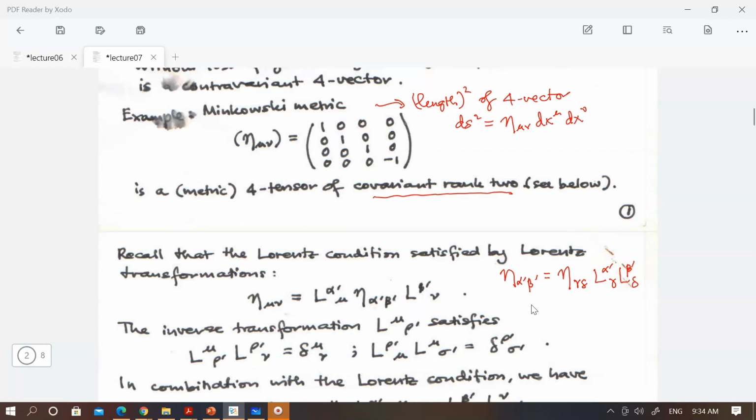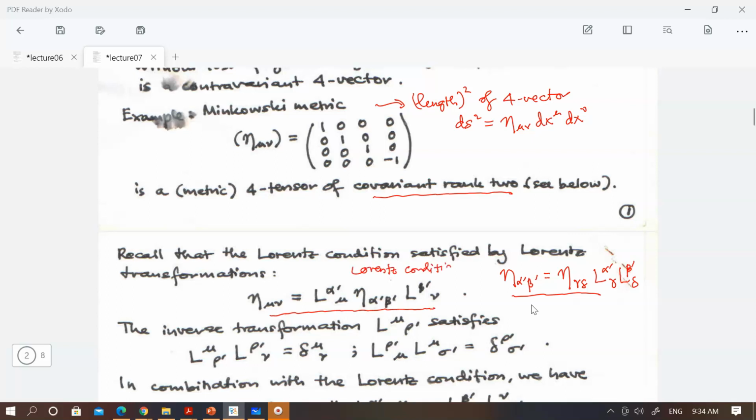What happens in this particular case is that this condition is the same as this condition, which is something you have seen before. This is essentially the Lorentz condition.